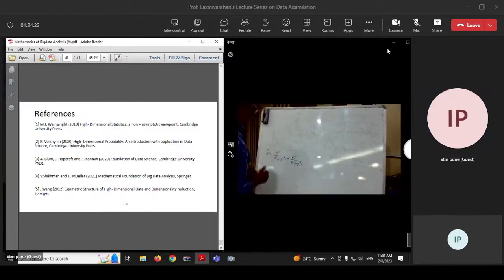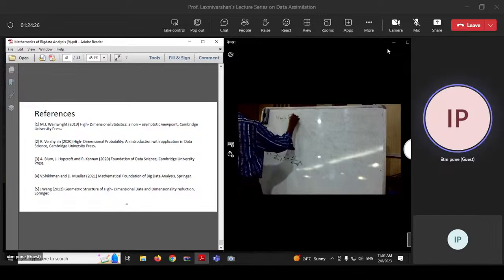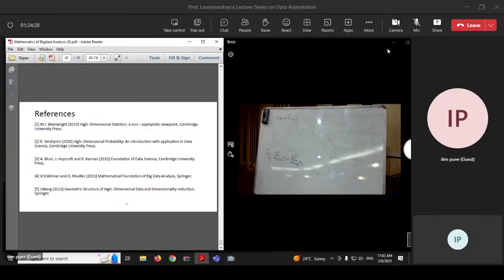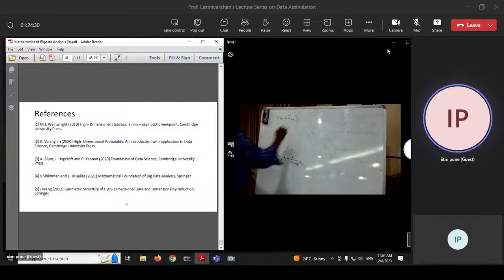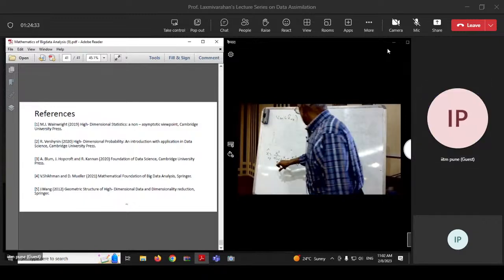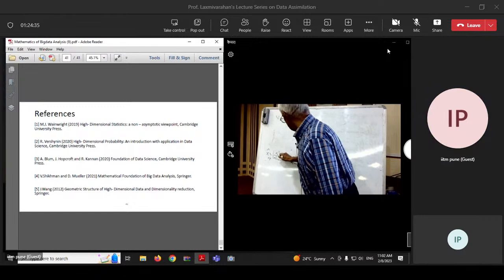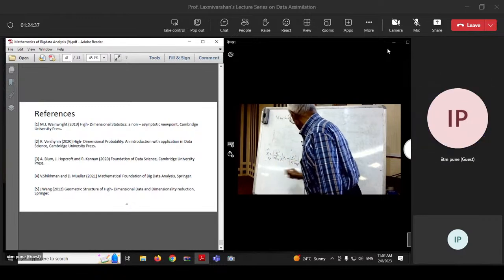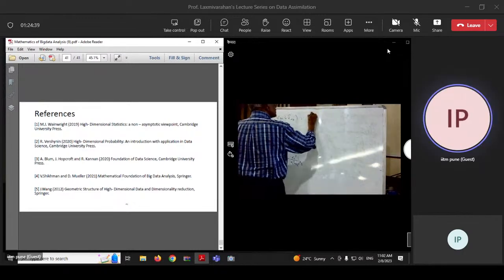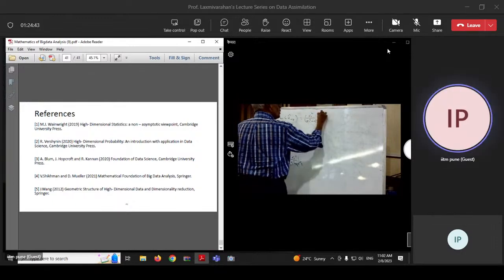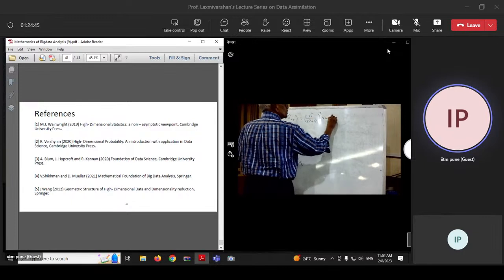Therefore, the variance of x hat optimum, this is optimum, is equal to, look at this now. This is the constant. This is the constant. Therefore, this is sigma 2 squared divided by sigma 1 squared plus sigma 2 squared, whole squared, times the variance of x1.